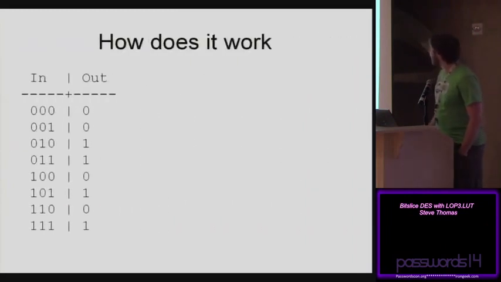So how does it work? The input is all the possible values for the 3 variables. Then the output, you can choose to be whatever you want, and this changes the way the lookup table works. For this example, this is bit select.